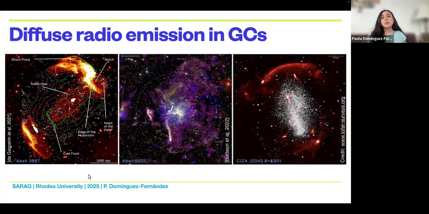As you know, when we observe galaxy clusters in the radio band, we observe this diffuse radio emission that doesn't necessarily come just from radio galaxies, but could also have its origin in the intracluster medium, right?